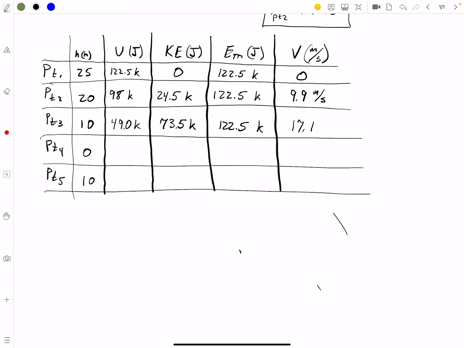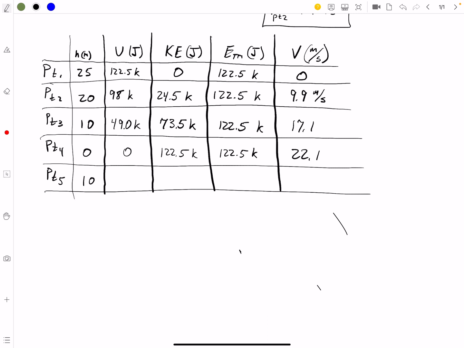velocity. Okay, at point 4, it's all kinetic energy, so we've got no potential. It's 122.5 thousand. 122.5 thousand. And then our velocity is our maximum velocity of 22.1 meters per second.